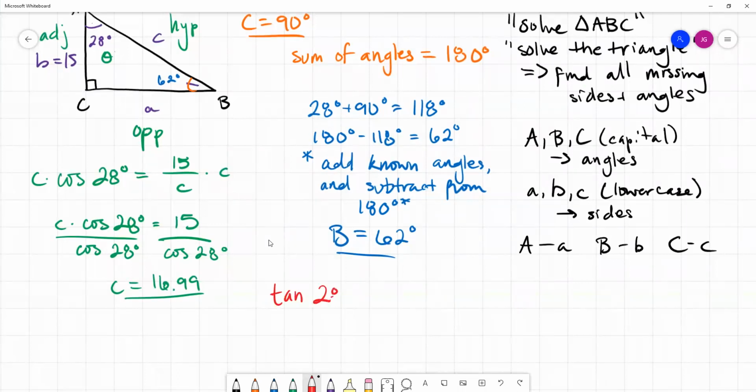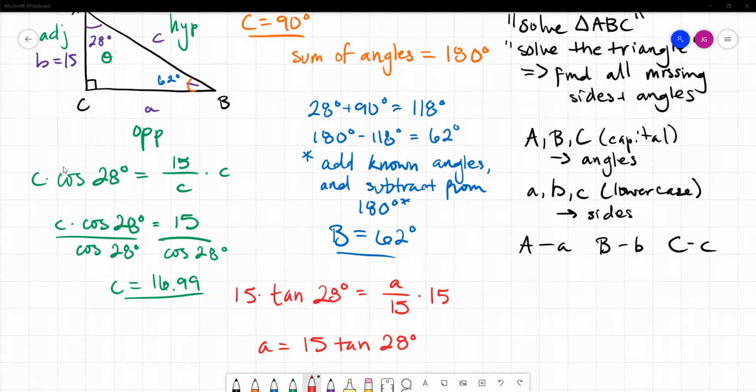Tangent of 28 degrees is equal to opposite, so A, divided by adjacent, which is 15. And so now I just have to multiply the 15 over. I get A is 15 tangent of 28 degrees. And then I just have to do what I did last time and put that into decimals, or into our calculator.